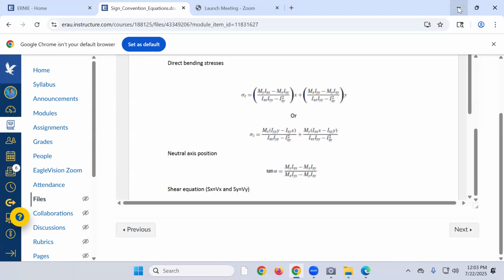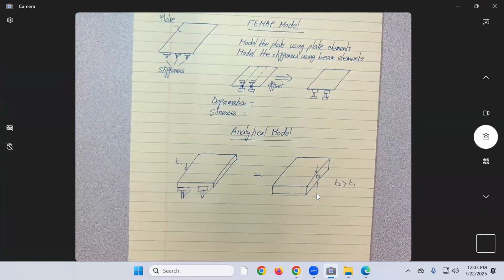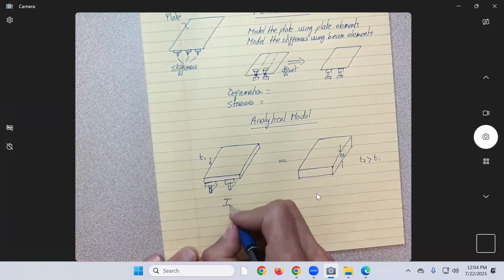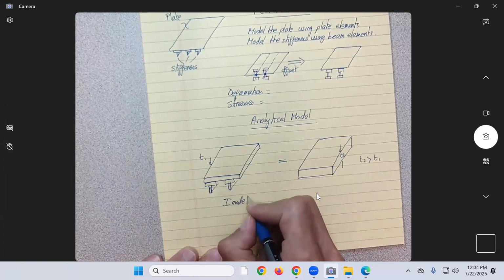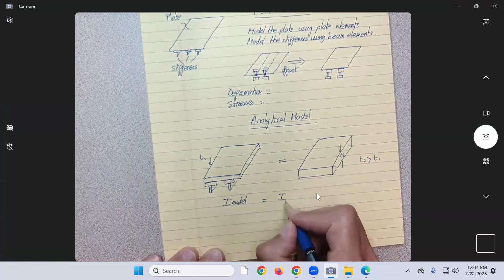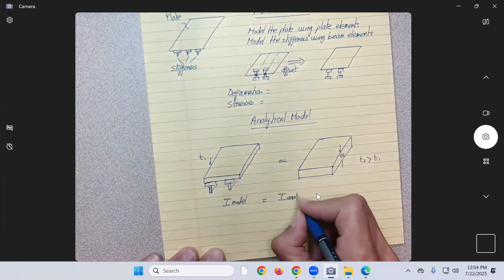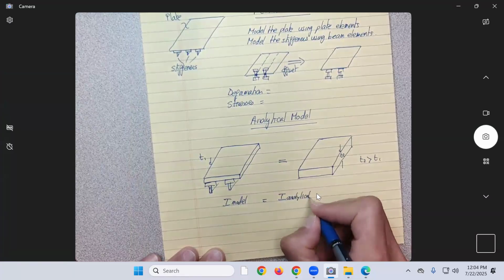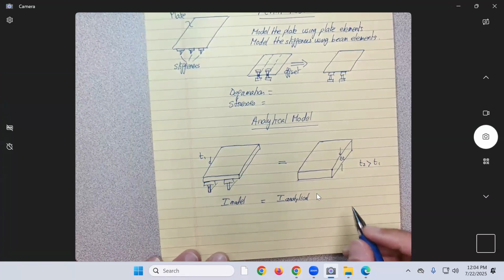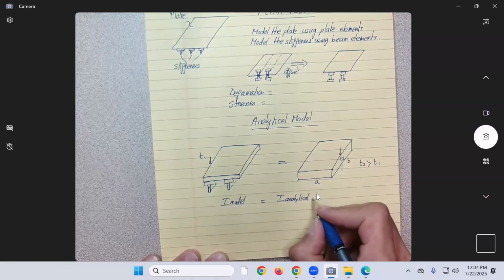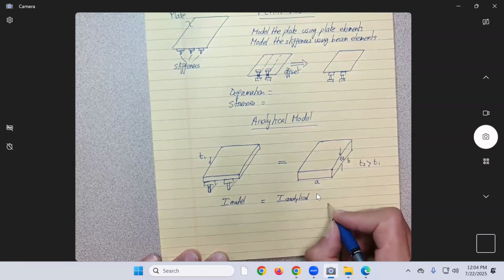So in order to go from here to here, the I of the model needs to be equal to the I analytical. If you look at it, this is A and this is B. What would be the moment of inertia of the I analytical?